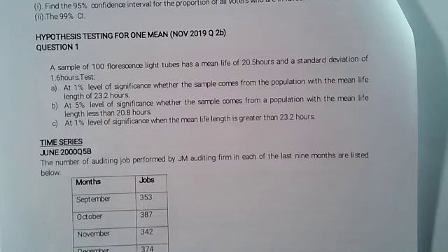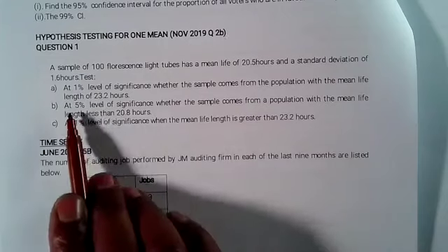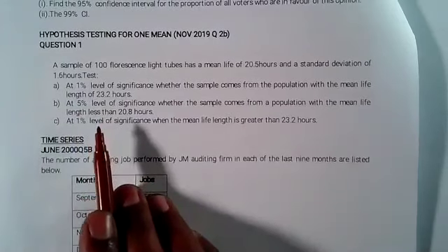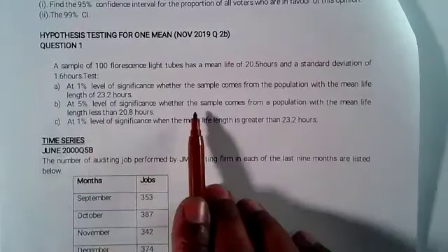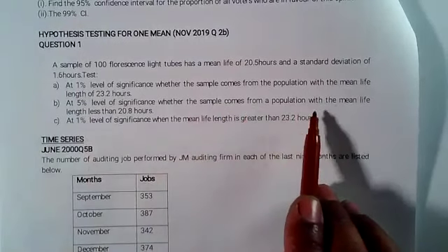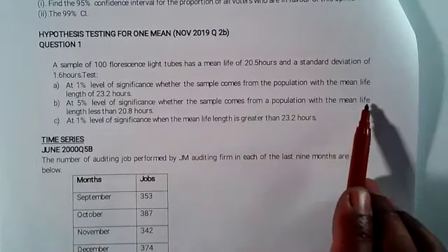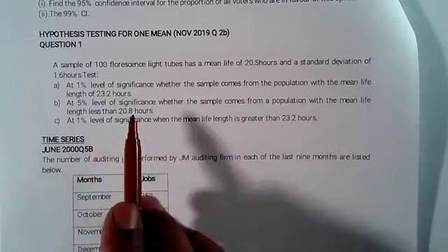Here we are told at 5% level of significance, so alpha is 5%, whether the sample comes from the population with a mean life length less than 20.8.